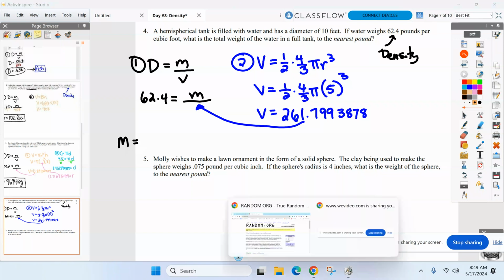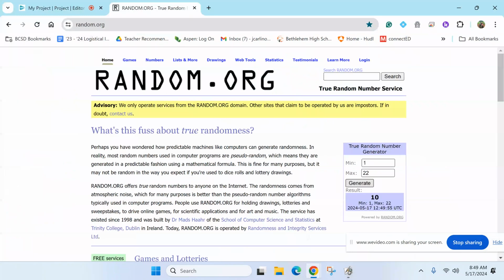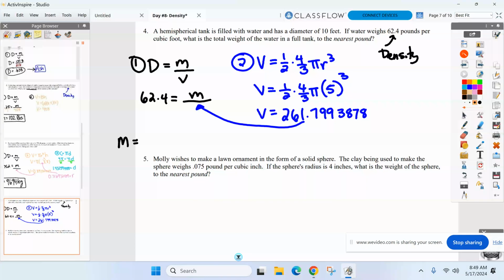Nearest pound when you have it. This thing's a beast. Henry, how big is this thing? How much does this sucker weigh? 16,336 pounds. Woo! That is a tank.